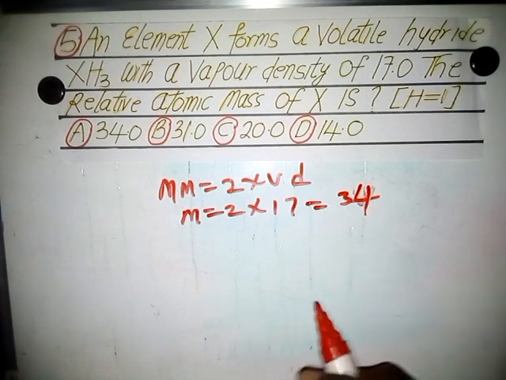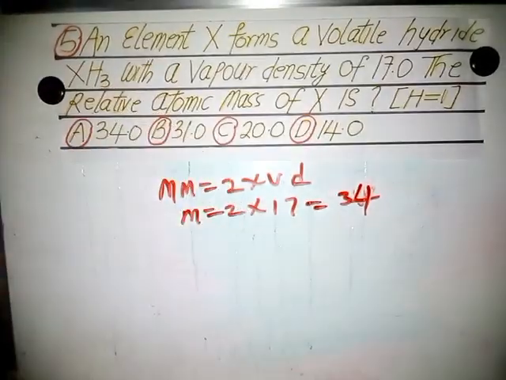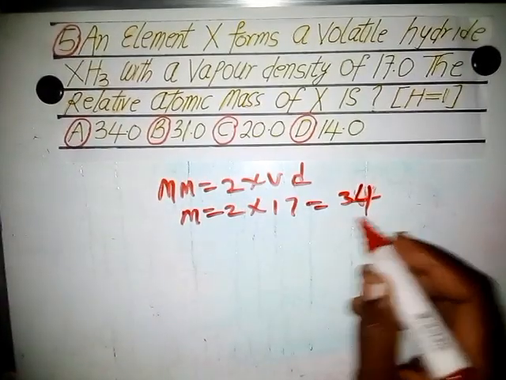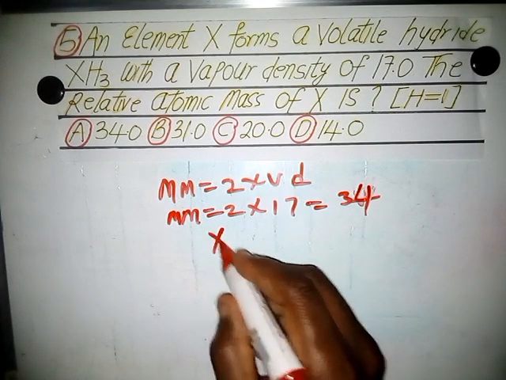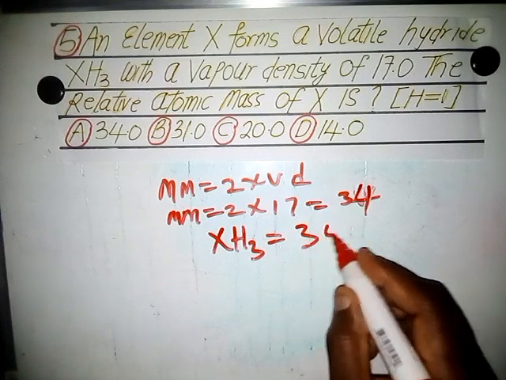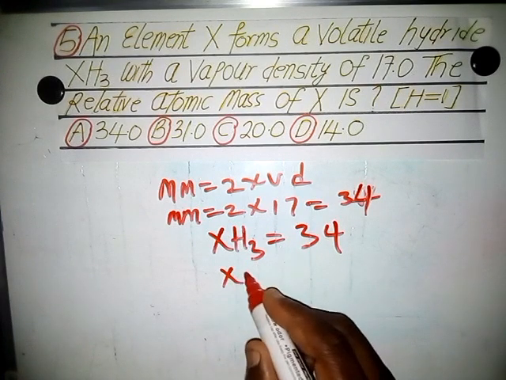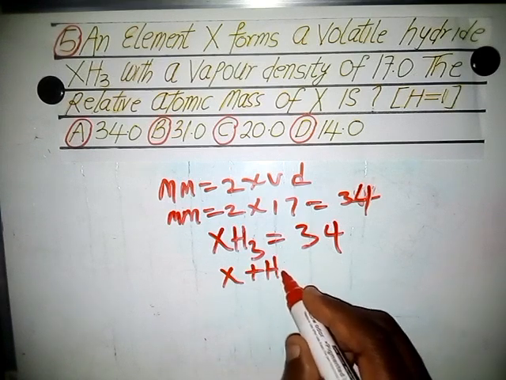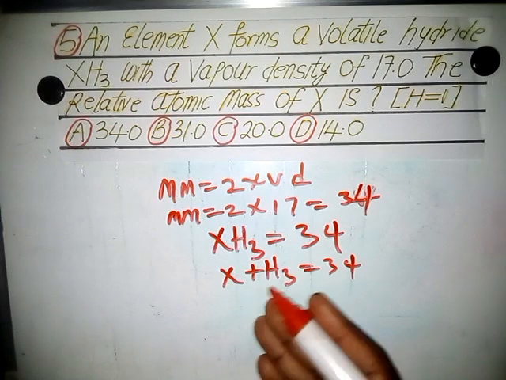So from here, you have to equate this compound to the molecular mass, 34. Then you split this one. This is the same thing as X plus H3 equals 34. So you can easily find X here.